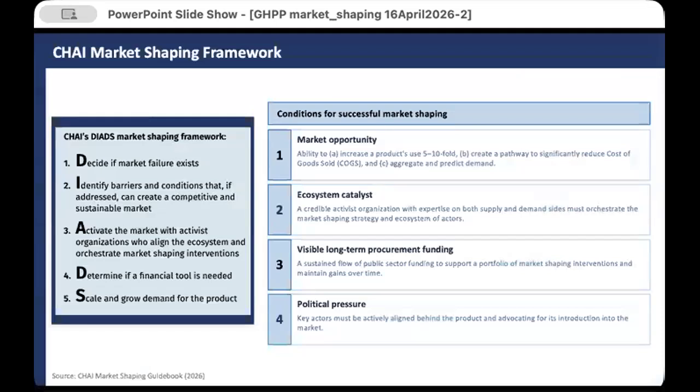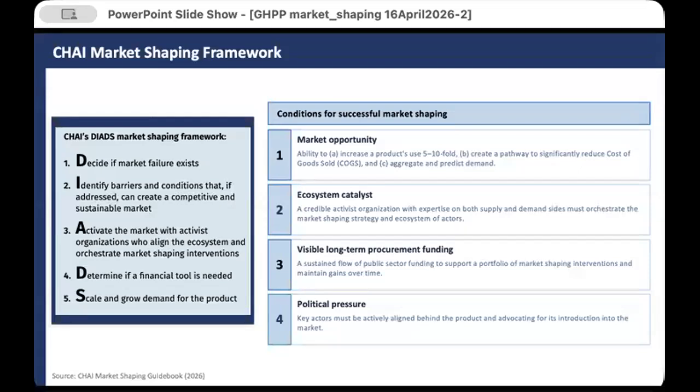I found this from CHAI also very useful, both their decision-making framework as well as the conditions for successful market shaping. So you decide whether there is market failure, you identify the barriers and conditions that can be addressed and create a competitive and sustainable market. You activate the market with activist organizations who can align the ecosystem and aggregate that leverage and orchestrate the market shaping interventions.